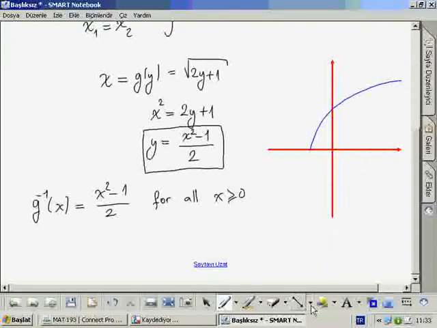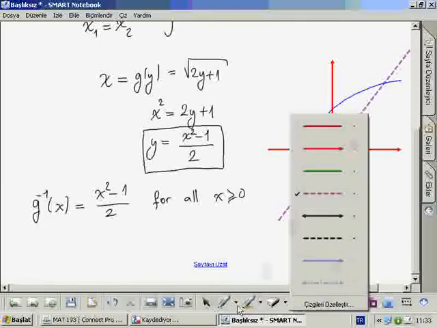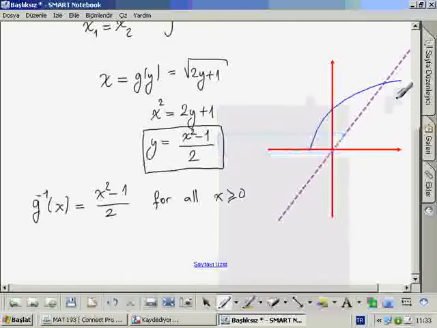Okay, and this is y equals x, okay, and this will be the inverse g of x, and the blue one is the g of x function.